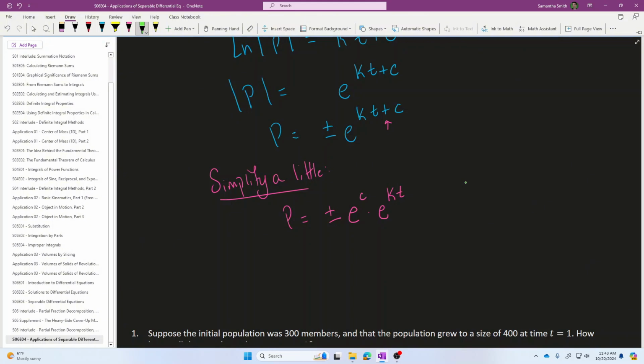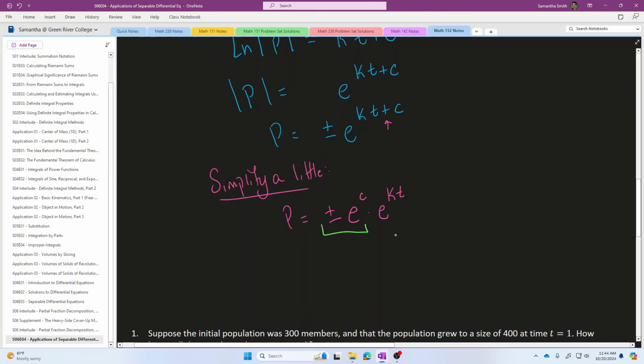Whatever constant you want. And if I take e and I raise it to some constant, then what results from that is just some other constant. And if I apply plus minus to that, again, what results is just some other constant.